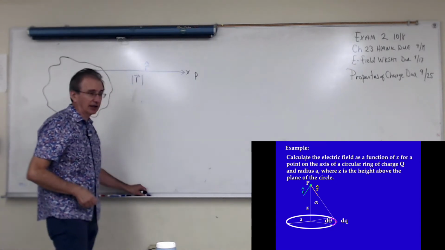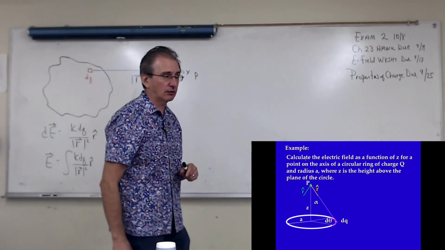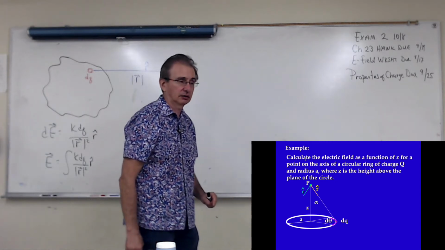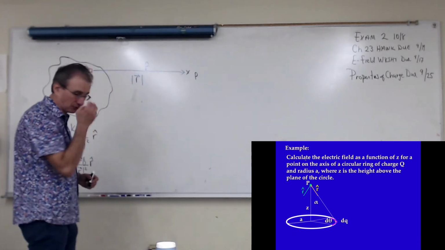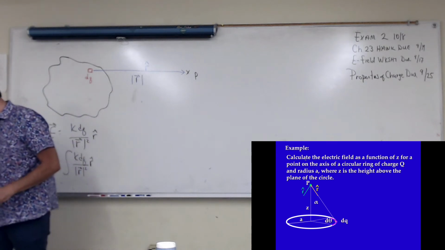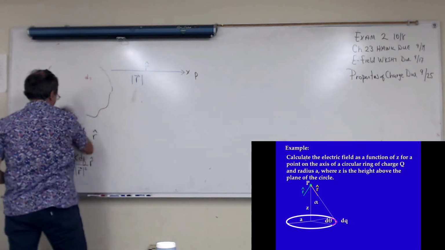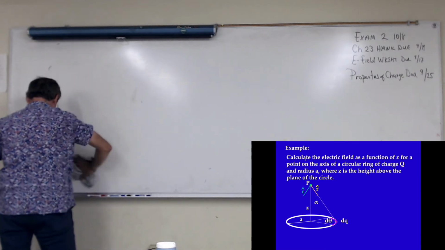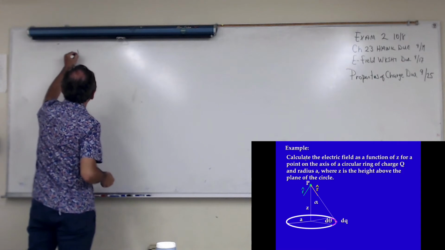I want to calculate the electric field along the axis of the ring, but out of the plane of the ring. So let me try to draw that. It's easier for me to draw in PowerPoint, but I'm going to try to draw it on the board. Let me draw my coordinate system.